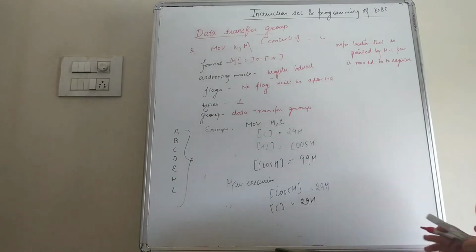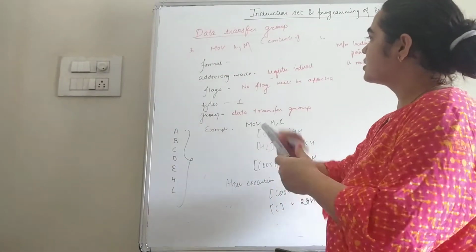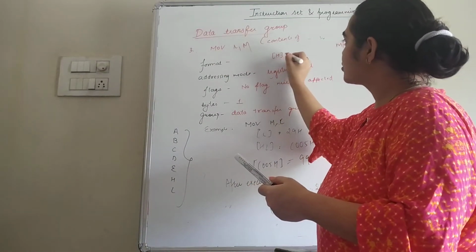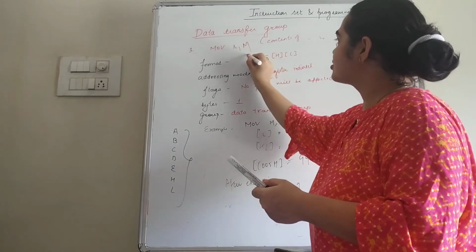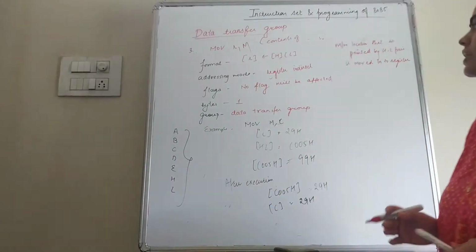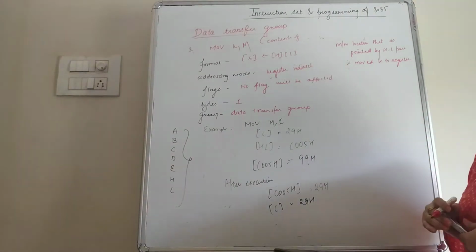Okay students, so the format is: the contents of the memory location pointed by the HL pair will be moved into the register. So this is the format for this instruction.